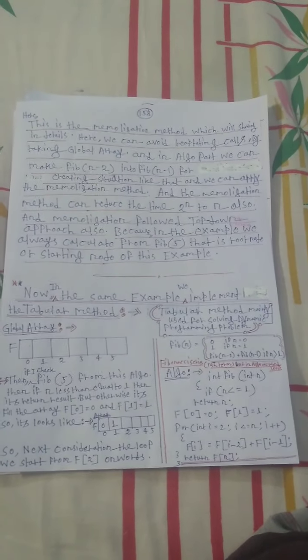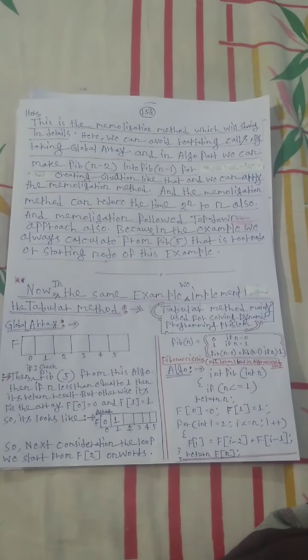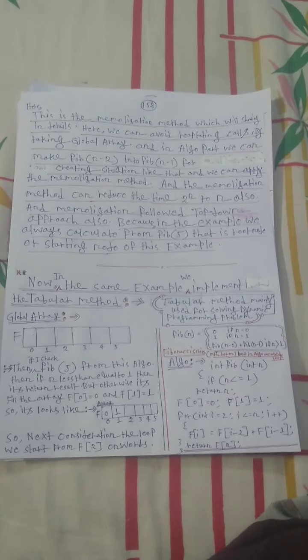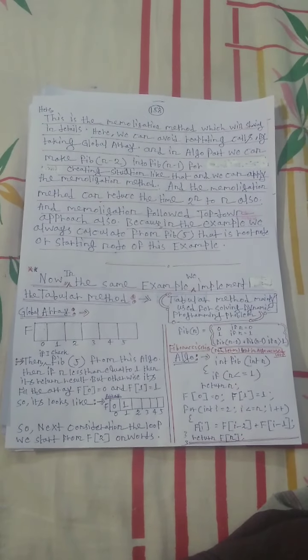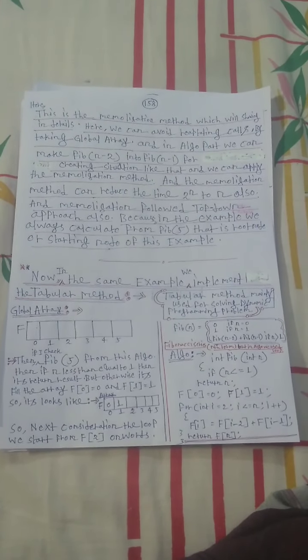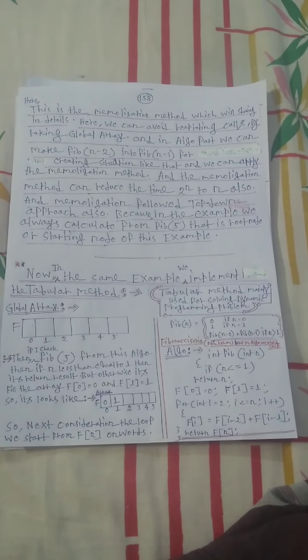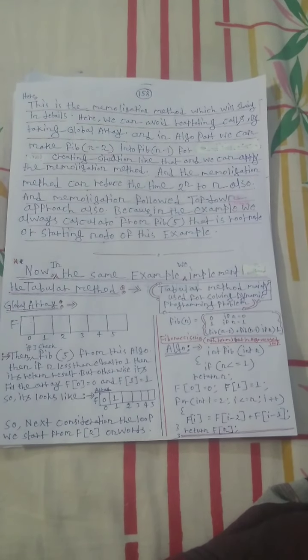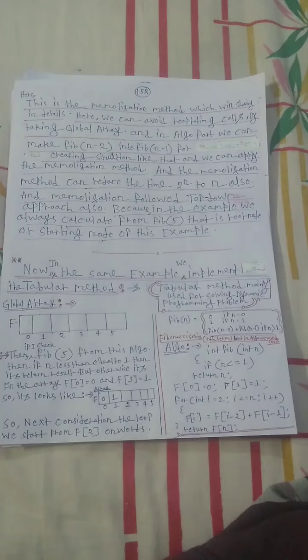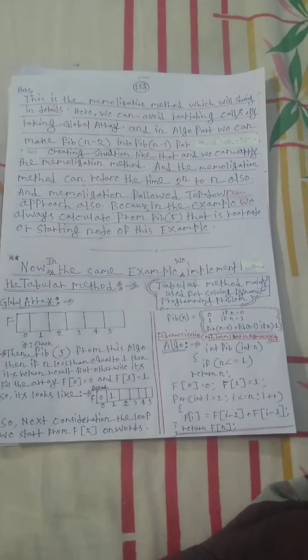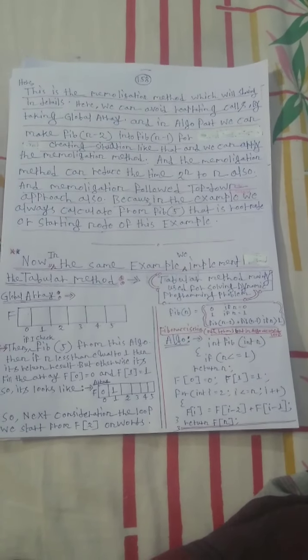Now in the same example we implement the tabular method. The tabular method is mainly used for solving dynamic programming problems, like the memoization method. Here also we take a global array, and the recurrence relation is: if n is equal to 0, then it is 0; if n is equal to 1, then it is 1; if n is greater than 1, then it is fib n minus 2 plus fib n minus 1.